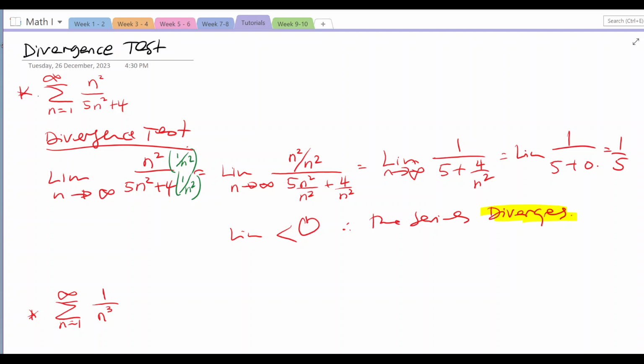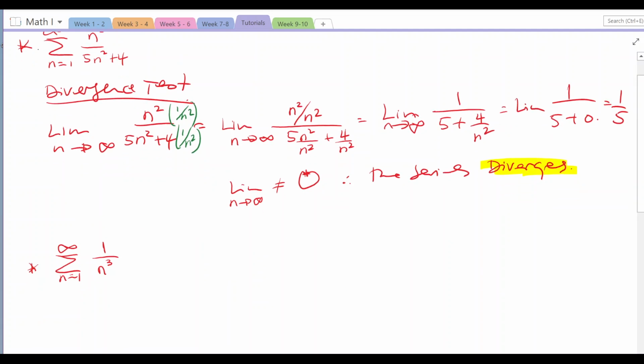I should write down here the limit as n approaches infinity, in this case not equal to 0, and therefore the series diverges in the first case.